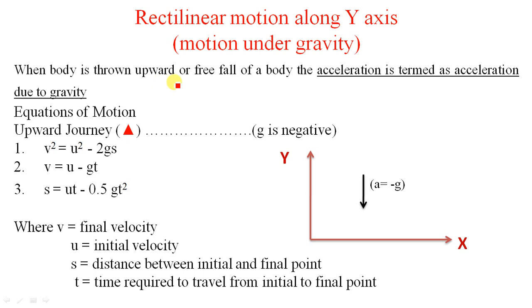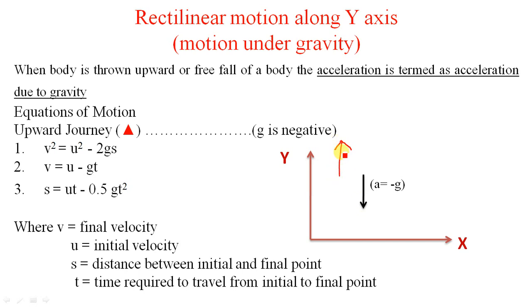When a body is thrown upward or in free fall, the acceleration is termed as acceleration due to gravity. Either we throw the body in upward direction or in downward direction. If the ball is thrown in upward direction, all of you know that the acceleration due to gravity g is always towards the earth.